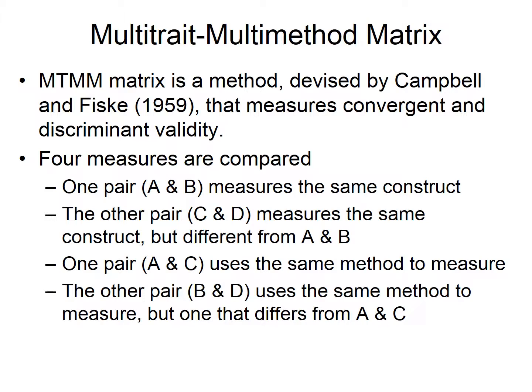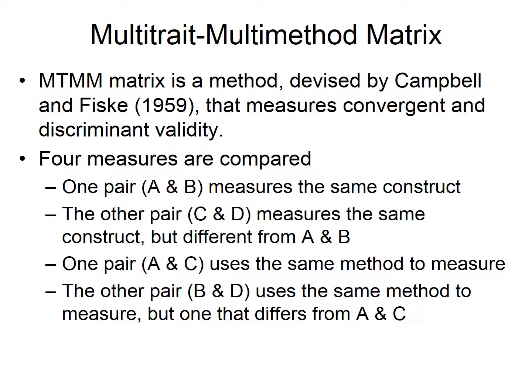So first, we're going to have a pair of variables that measure the same construct, so A and B. We're going to have another pair that measures the same construct but different from A and B. So you always have to have two different constructs to use the multi-trait, multi-method matrix.